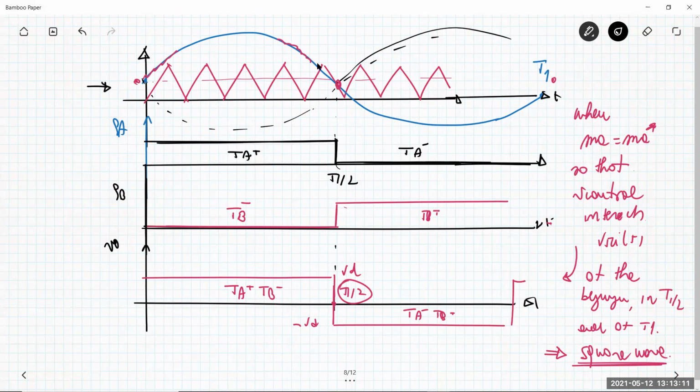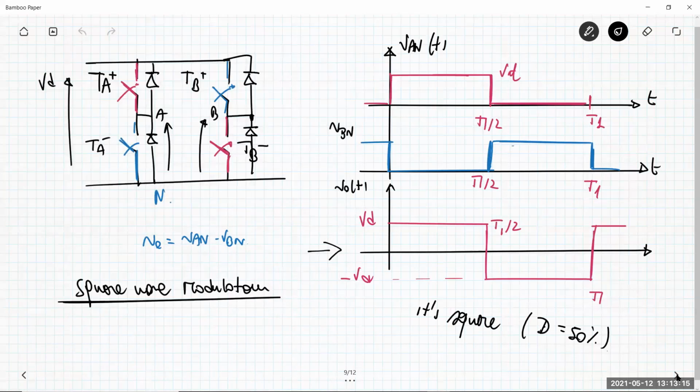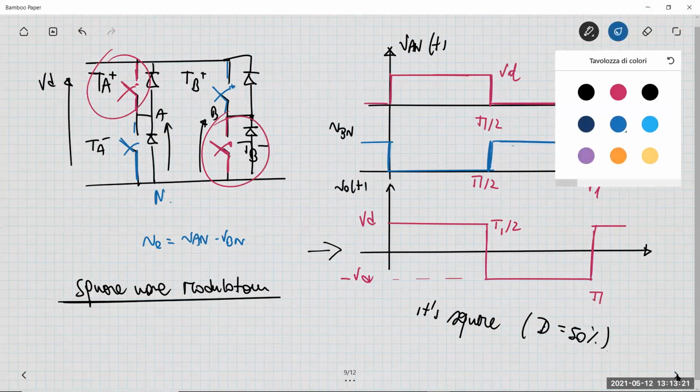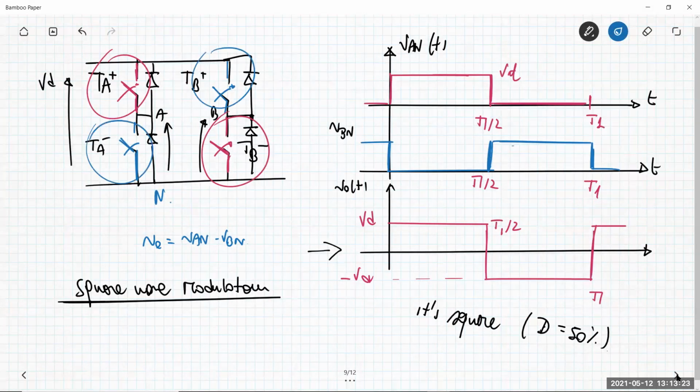In the square wave, you don't need to have this kind of modulation. What you need is simply to modulate these two transistors, TA plus and TB minus, and these other two, TB plus and TA minus, as if they were just a single switch with a duty cycle of 50% and a period which is exactly the period you want to get at the output, so the frequency f1.